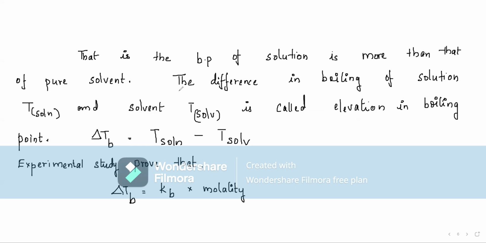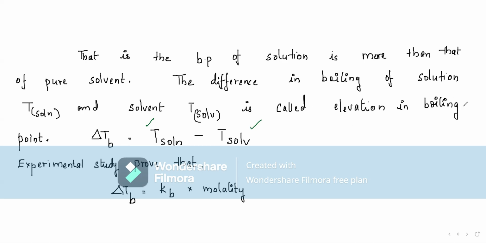The difference in boiling point between the solution, T of solution, and the solvent, T of solvent, is called elevation in boiling point.